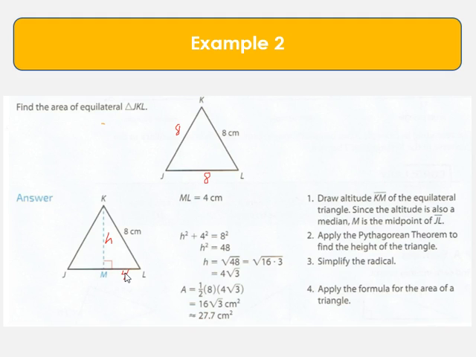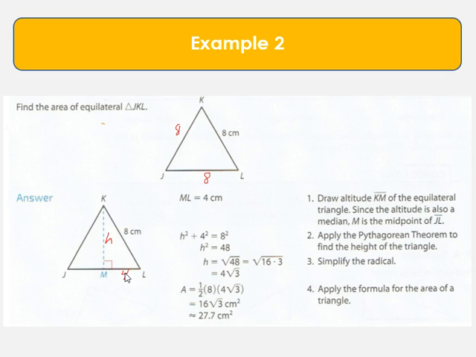And we have height squared plus 4 squared equals 8 squared. Height squared equals 48. That is 64 minus 16. The square root of 48 equals the square root of 16 times 3, which is 4 radical 3 as an answer. And by the way, if you memorize this, your book uses this same number all the time.